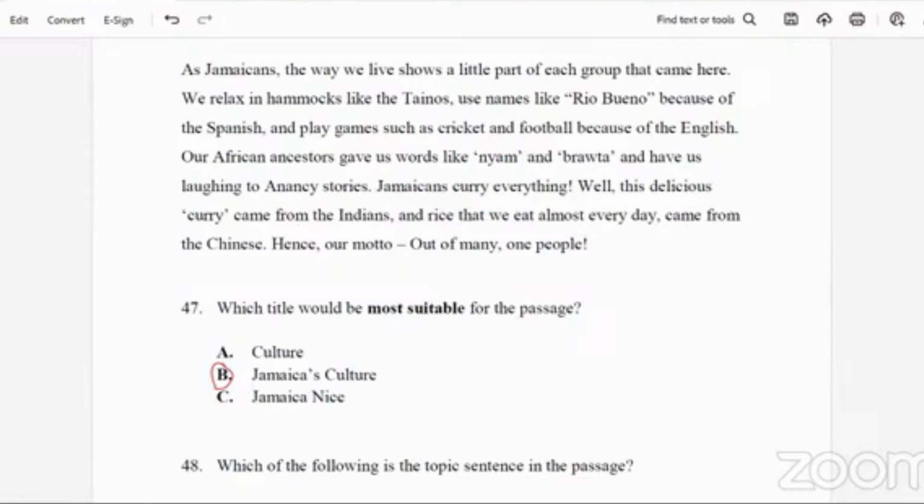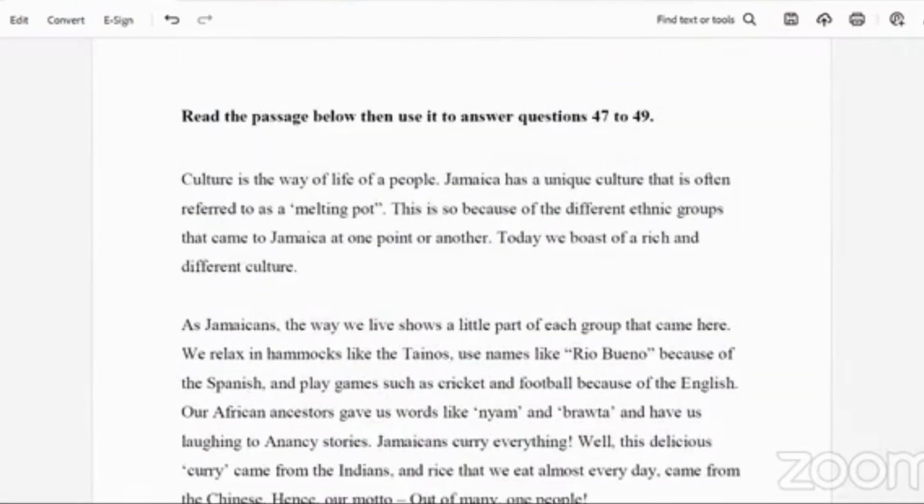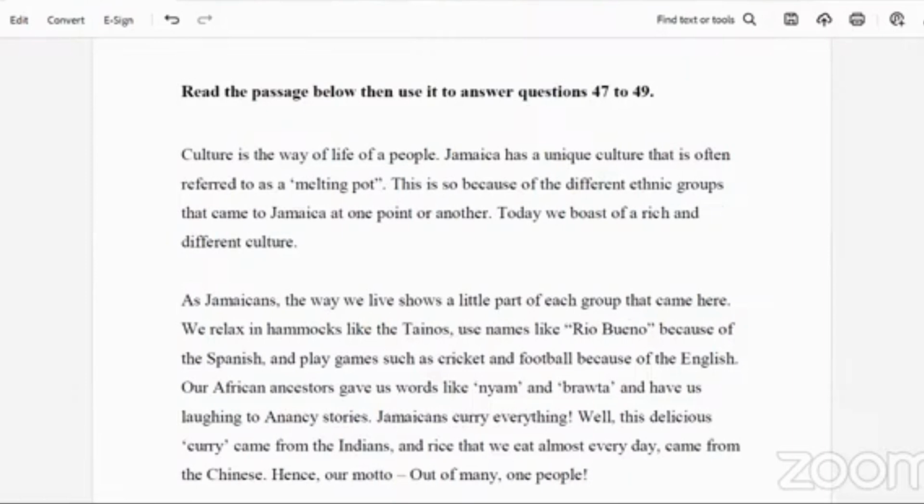All right, question 48. Which of the following is a topic sentence in the passage? Culture is the way of life of a people. Jamaicans curry everything. Today we boast of a rich and different culture. So, of course, you will have to know what that topic sentence is. It's usually found in the first paragraph.